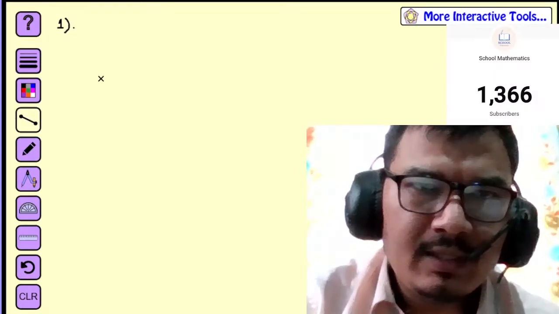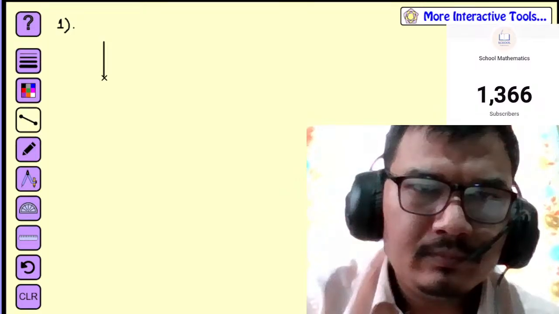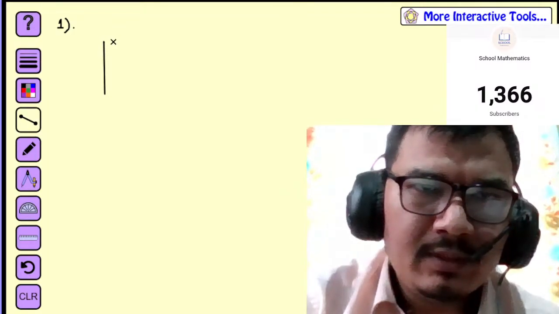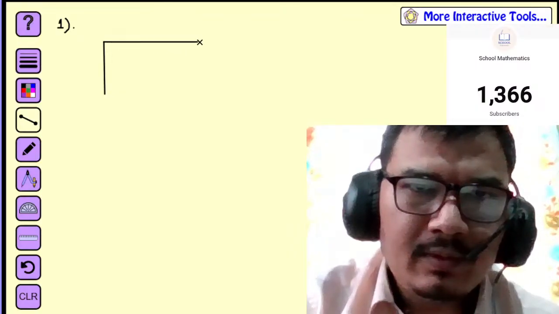Okay, the figure is given like this. Look here. The figure is given in rectangular shape.